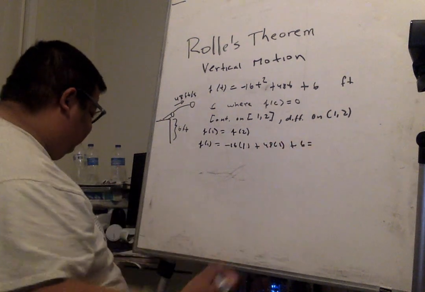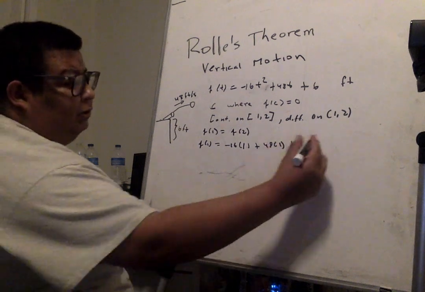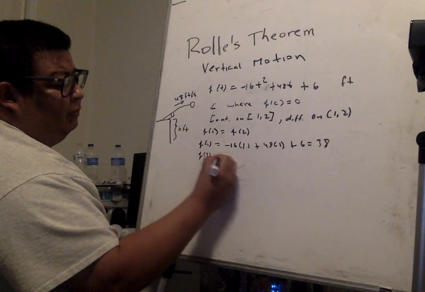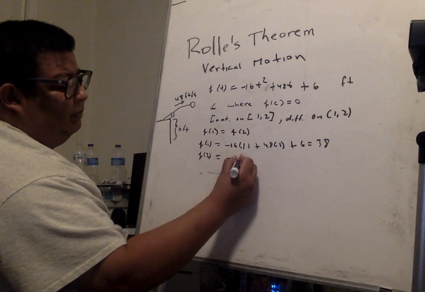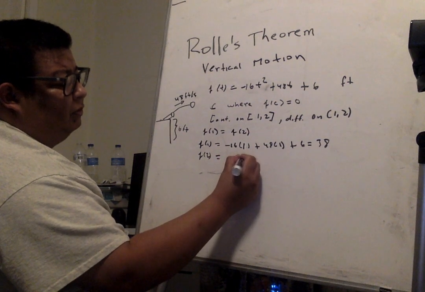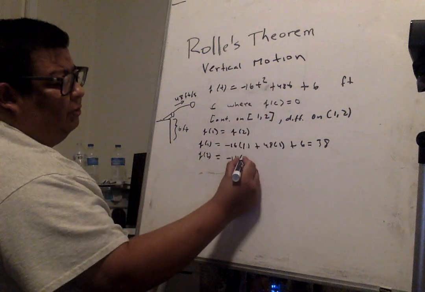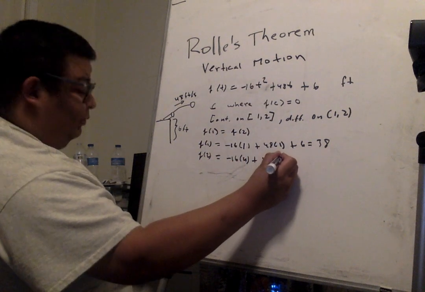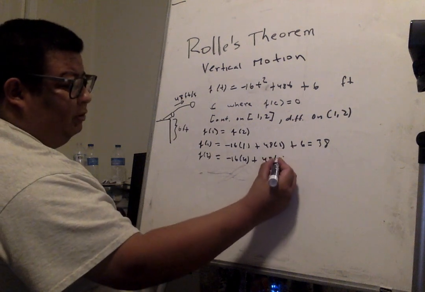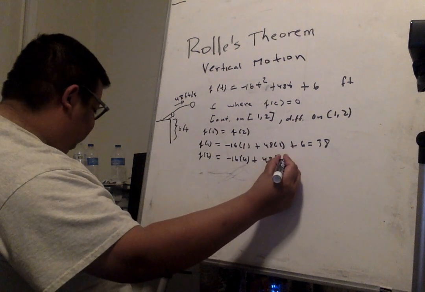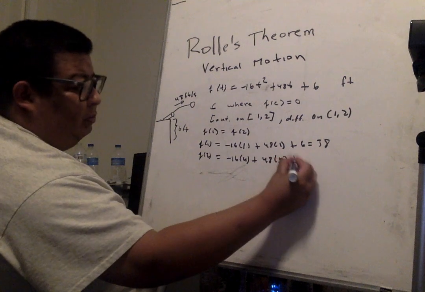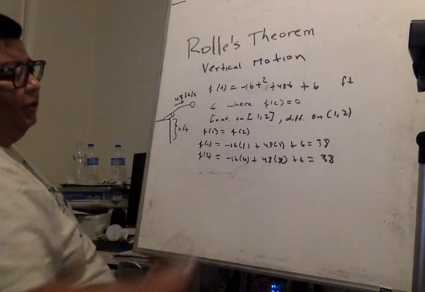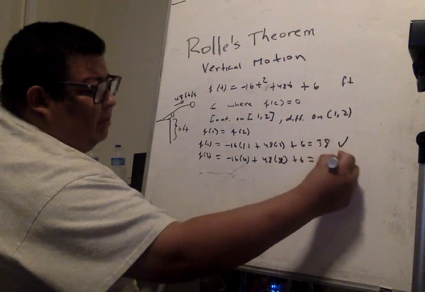That should give you 38. And then f of 2, that's gonna be negative 16 times 2 squared, that would be 4, plus 48 times 2 plus 6, that's gonna give you 38 as well if you do the calculation. So this matches.